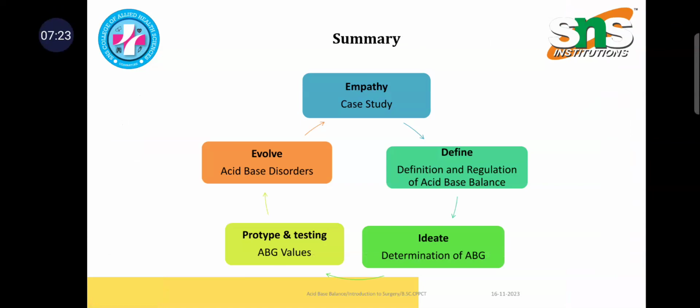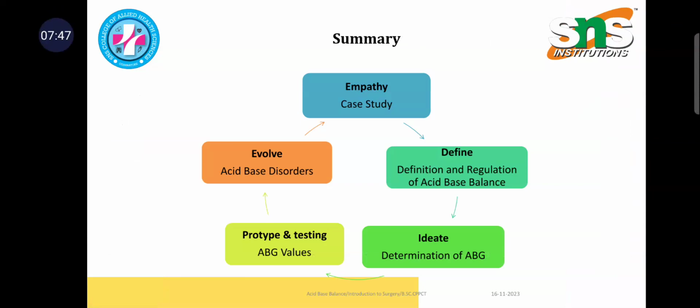To summarize this topic, in empathy we have seen the case study of the patient. In define, we have seen what acid-base balance is and what the regulatory factors are. In ideation, how to test this is called determination of ABG.